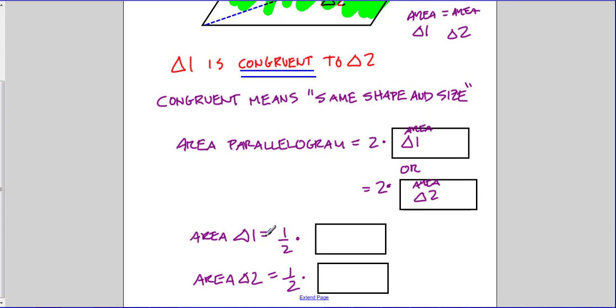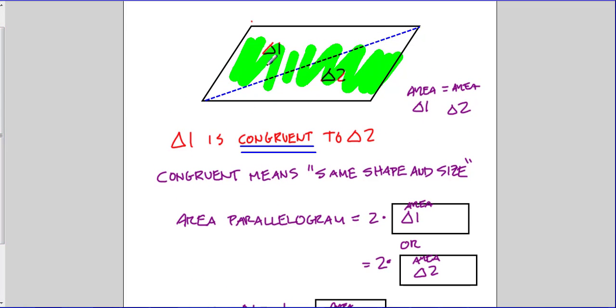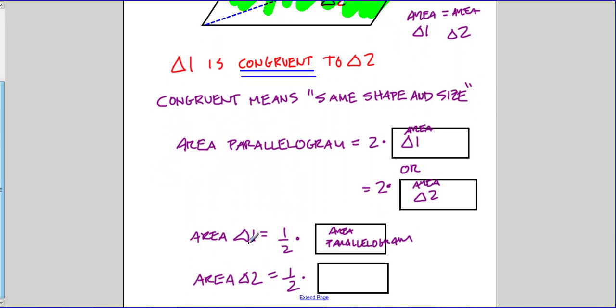Or you could say the area of triangle 1 is 1/2 the area of the parallelogram, because two triangles make one parallelogram, so half a parallelogram is equal to the area of a triangle. So the area of triangle 2 could be written as 1/2 the area of a parallelogram also.